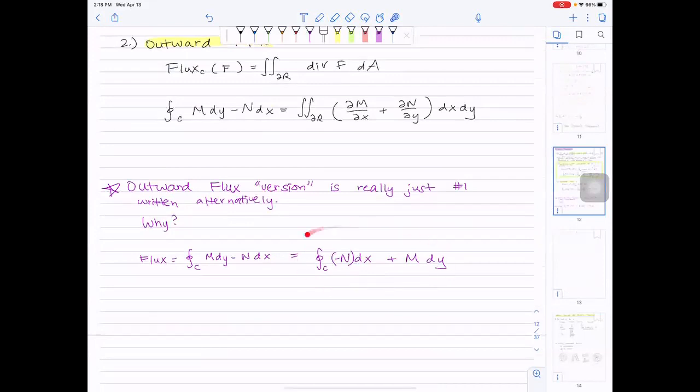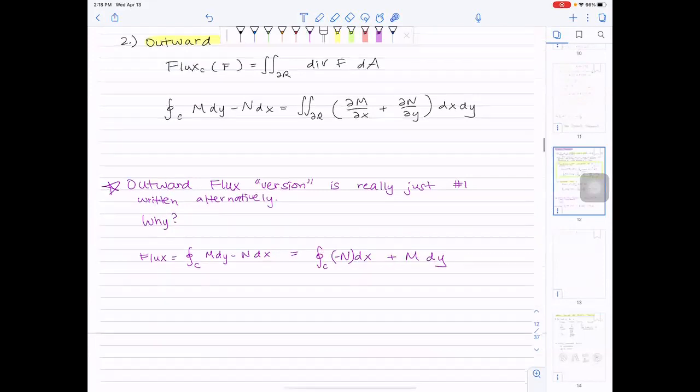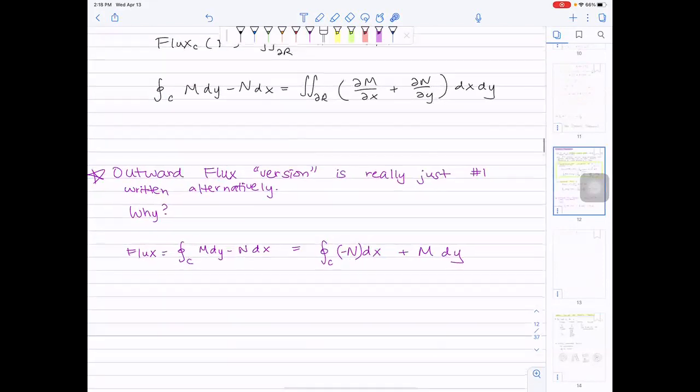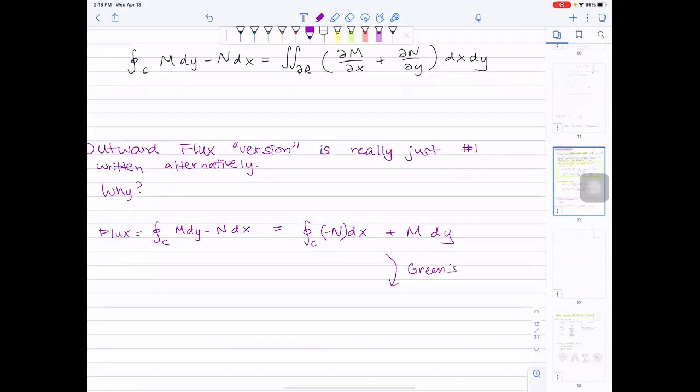So knowing this flux, we're trying to find this circulation integral. We apply Green's theorem for the circulation. And what did it say? It says we do the double integral of the second term with respect to x. Our second term is m, and we take that with respect to x, minus our first term.